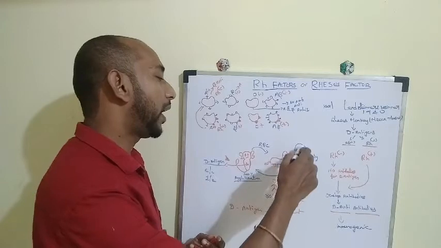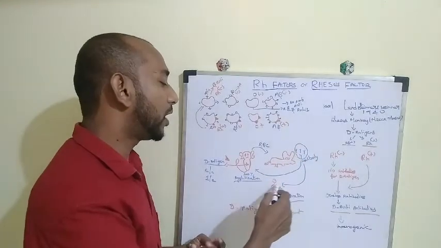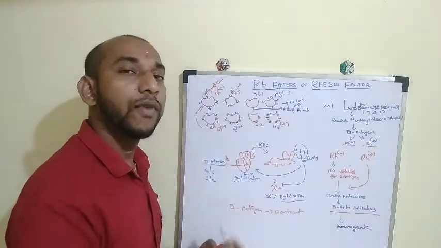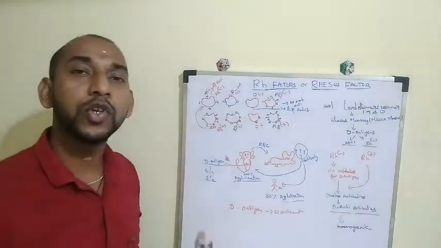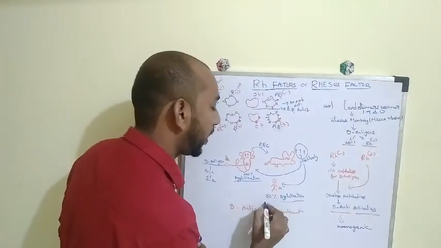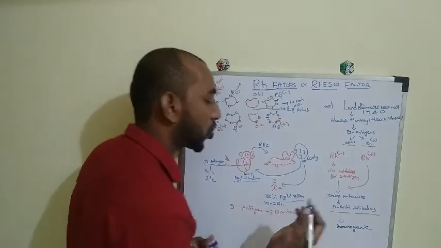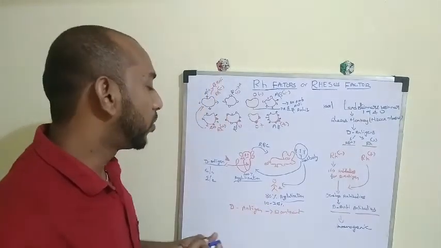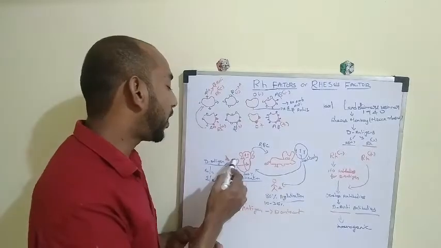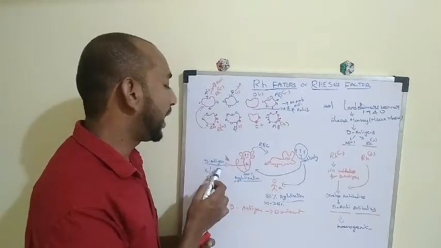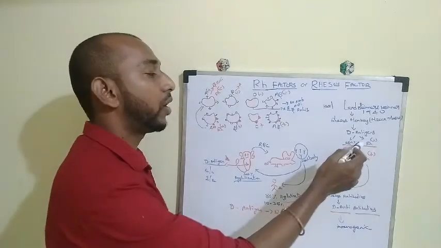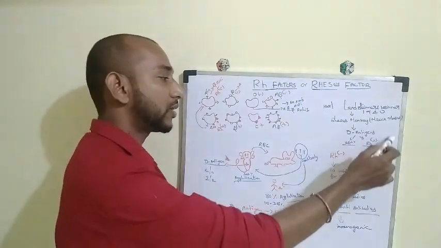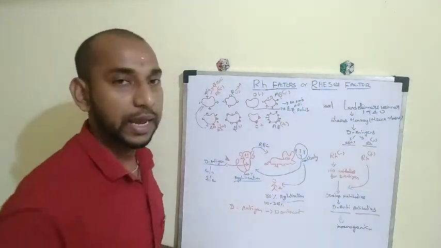Again they collected the same antiserum and injected it into human blood and found 80% agglutination, which means 80% of people showed agglutination. The remaining 10 to 20% did not show agglutination. So they named that specific antigen the D antigen. People with this D antigen are called Rh positive. People without this D antigen are called Rh negative.